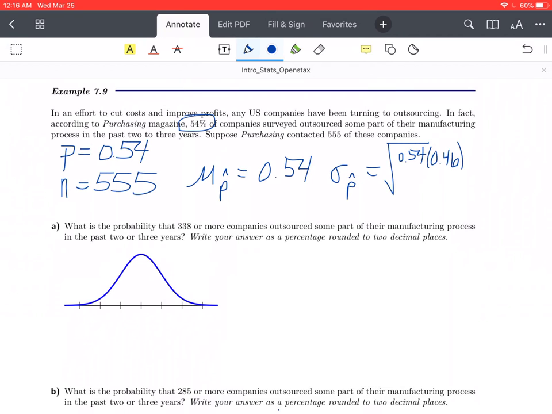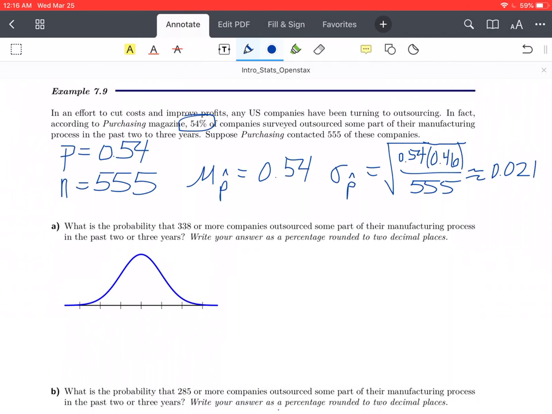That's 1 minus 0.54, over n, so over 555, which is approximately 0.021. Right, the standard deviation is getting pretty small because the sample size is getting pretty large. We're dividing by a larger and larger number.